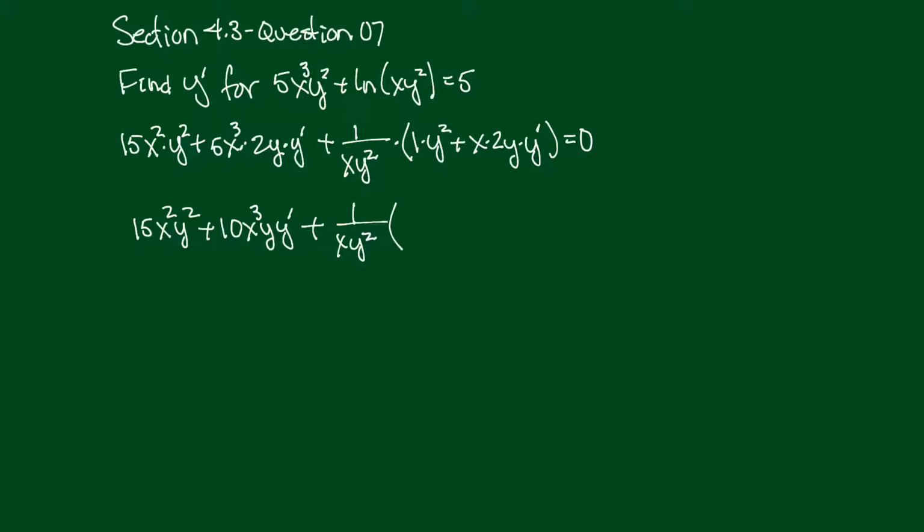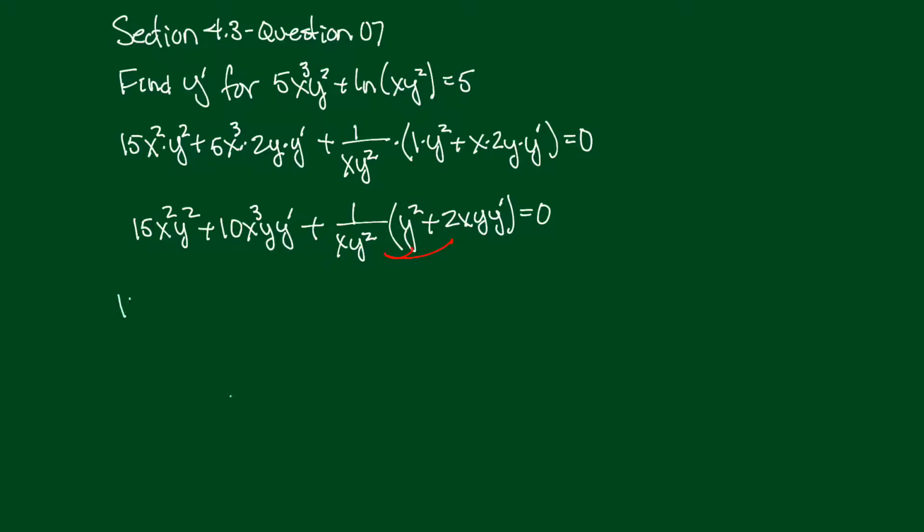Well, 1 times y squared is just the y squared plus, now how about if I write this as, okay, x times 2y, I'll write it as 2xy y prime equals 0. Now I think I'm going to distribute this and see where we end up.